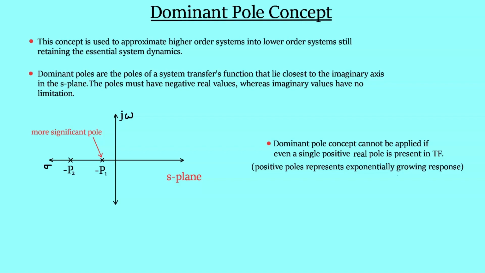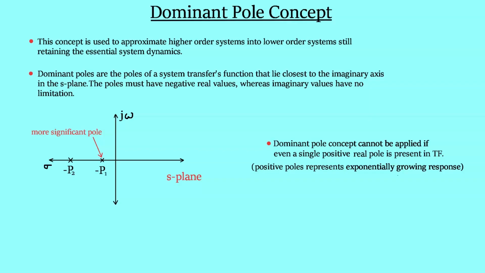However, the dominant pole concept cannot be applied if even a single pole exists with the real part having a positive value in the transfer function. In other words, in the S-plane, there should not be any pole lying on the right hand side of the imaginary axis.